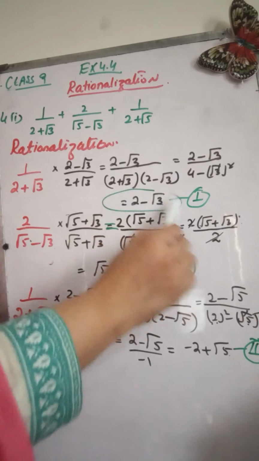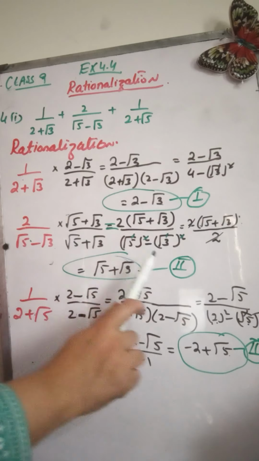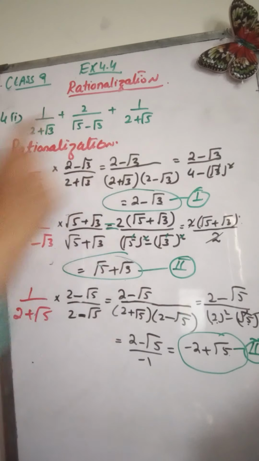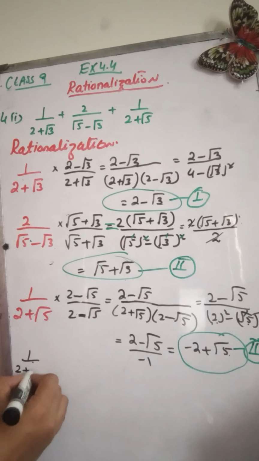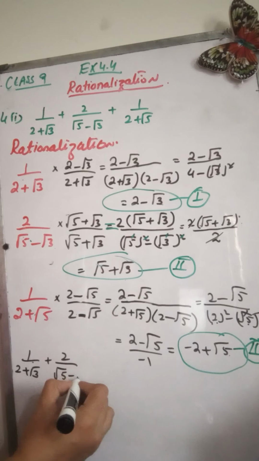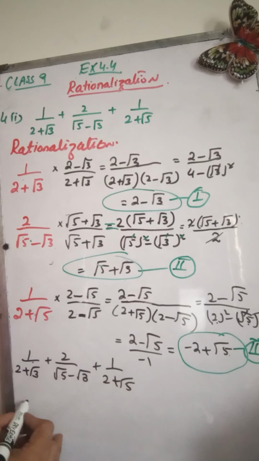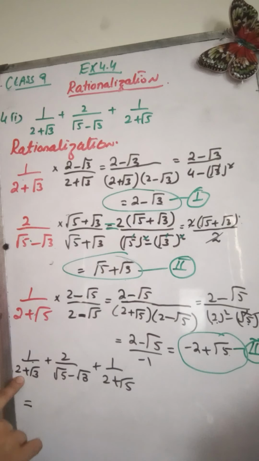So I am going to take this expression and this expression in place of these three, because they are the rationalized form of these fractions. So we add 1 over 2 plus √3, plus 2 over √5 minus √3, plus 1 over 2 plus √5. 1 over 2 plus √3 came out to be equal to this expression after rationalization of the denominator.